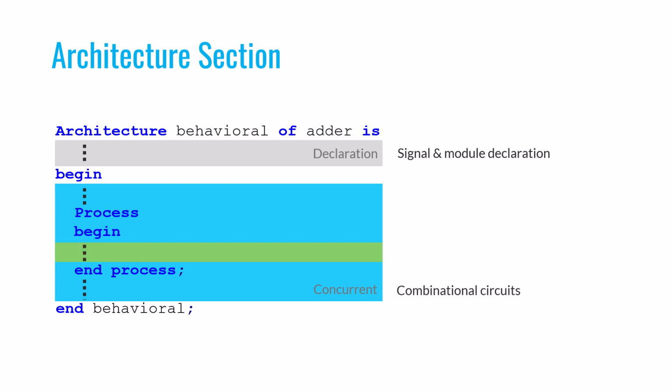Now, inside the concurrent section, we can use the process statement to create a new region called the sequential region. And within the sequential region, we can implement both combinational and sequential circuits.